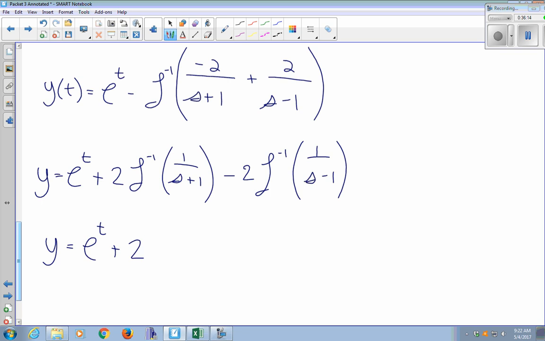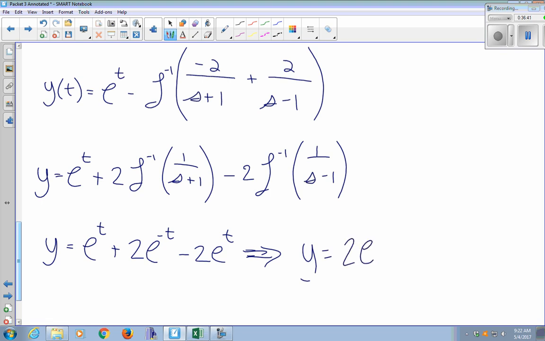So what's the inverse Laplace of 1 over s plus 1? e to the negative t. And then I have minus 2 times the inverse Laplace of 1 over s minus 1, e to the t. Combine like terms here. So I have y equals e to the t minus 2e to the t.